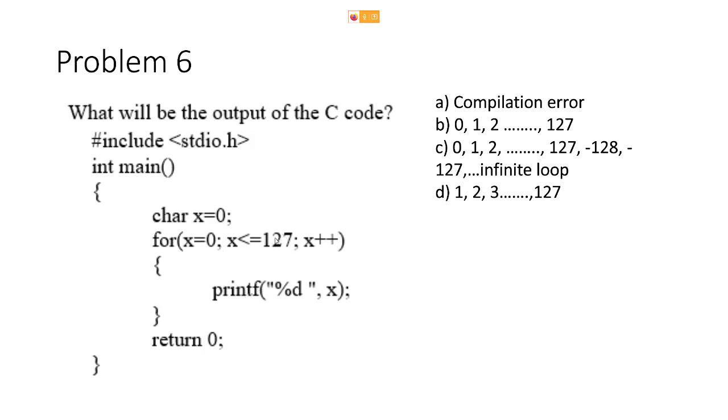And if the condition is true, then you are going to print the value of x. So now what will be the output of your program? There are 4 options: A, B, C, D. A is compilation error, B is 0 to 127, C is 0 to infinite, D is minus 128 to 127, and so on, or 1 to 127.